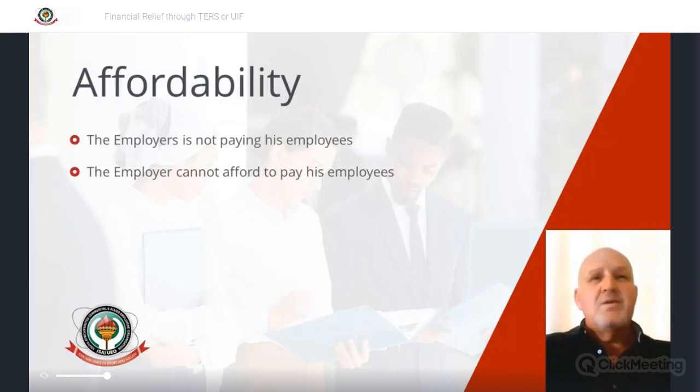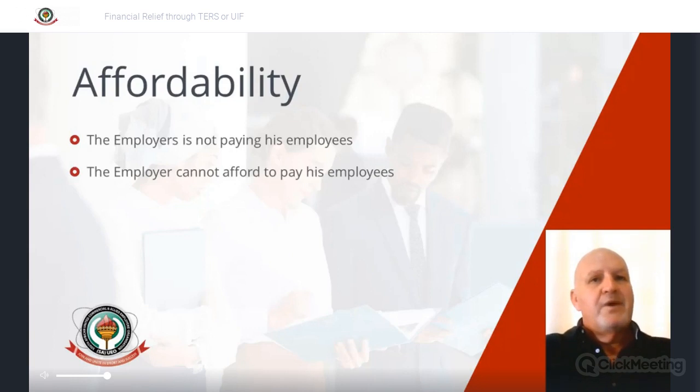In terms of the affordability qualification, the employer is not paying his employees. We also have to mention here and extend this to arrangements like some employers have done where employees have applied for leave and they are being paid for their leave during this time. They will not qualify for a TERS payment.